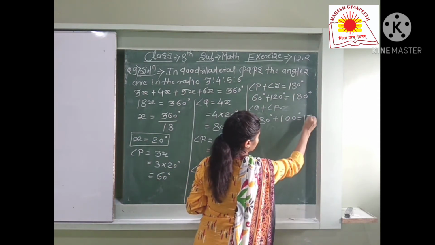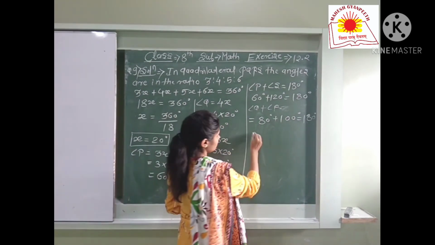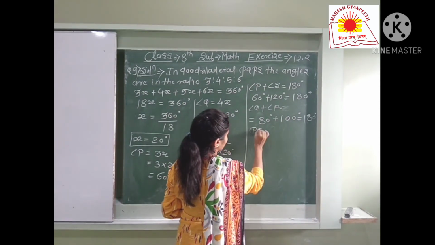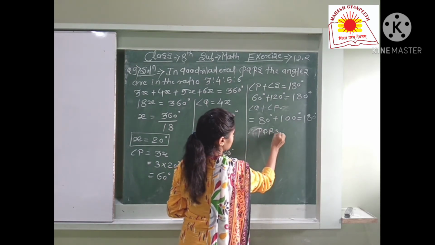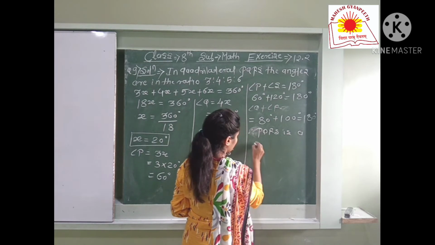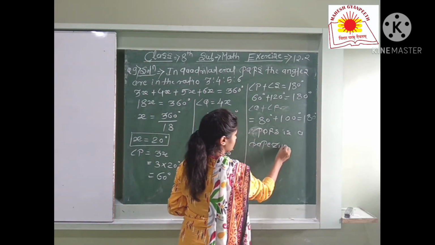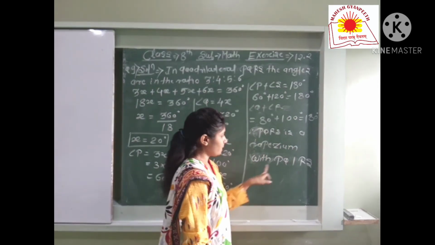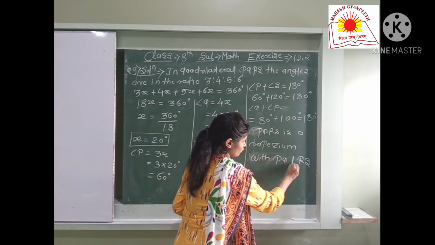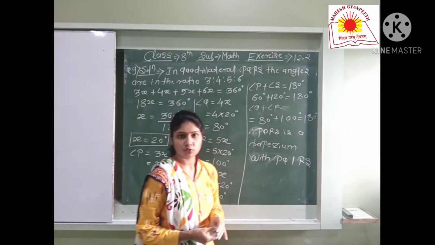It is also 180 degrees. Okay, students? Therefore, PQRS is a trapezium with PQ parallel to RS.